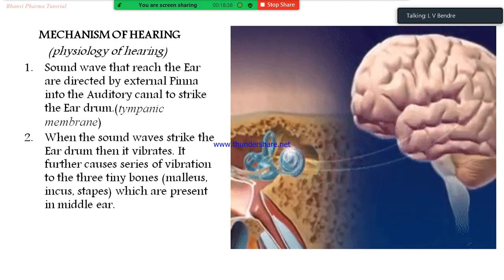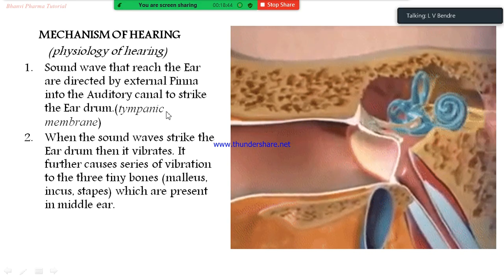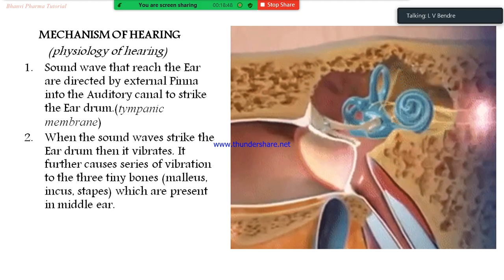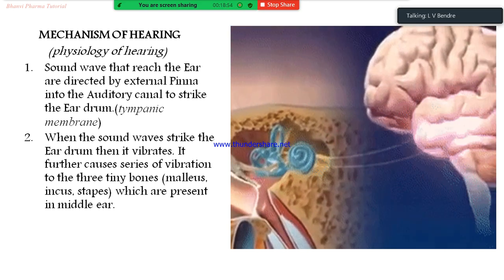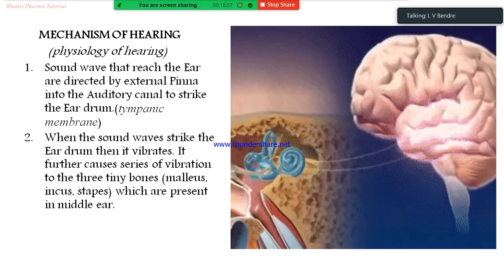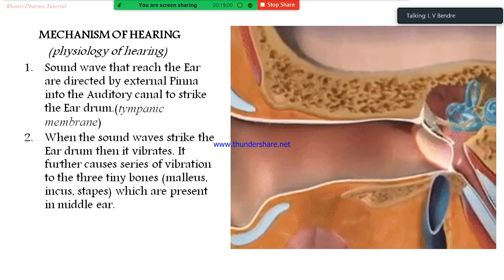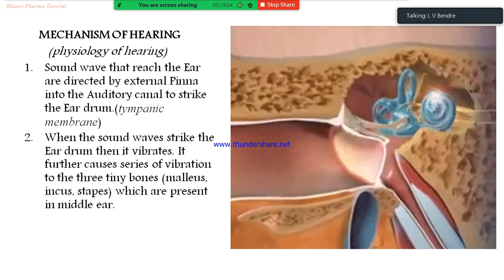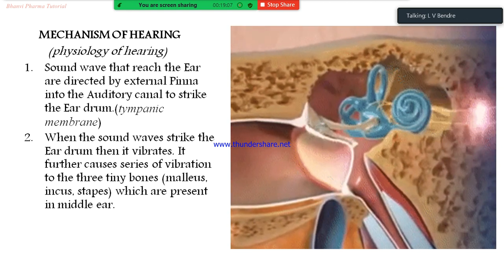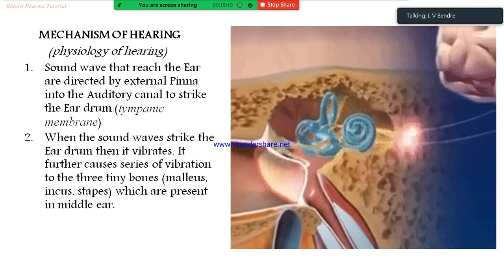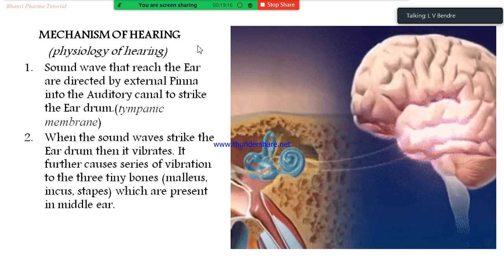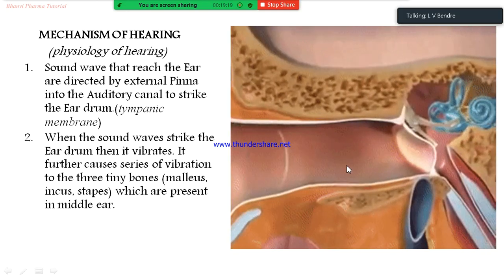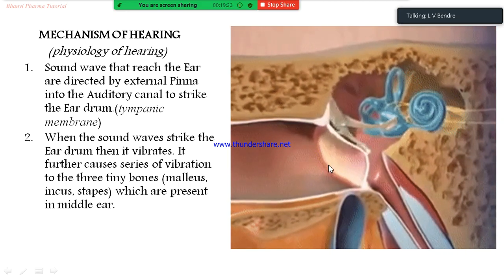Sound waves reach the ear and are directed by the external pinna, the external ear, into the auditory canal to strike the eardrum, a thin layer that is also called the tympanic membrane. You see in the diagram how the sound waves strike the tympanic membrane.